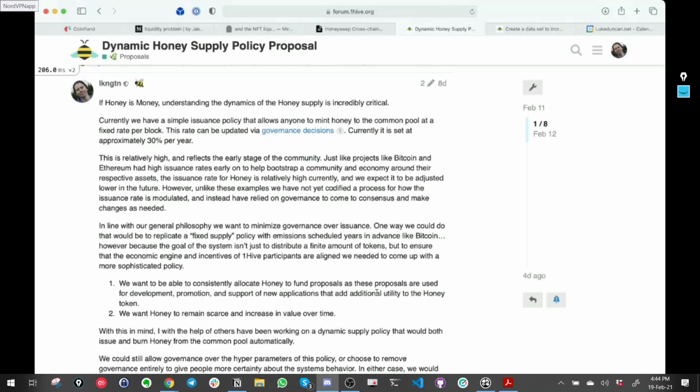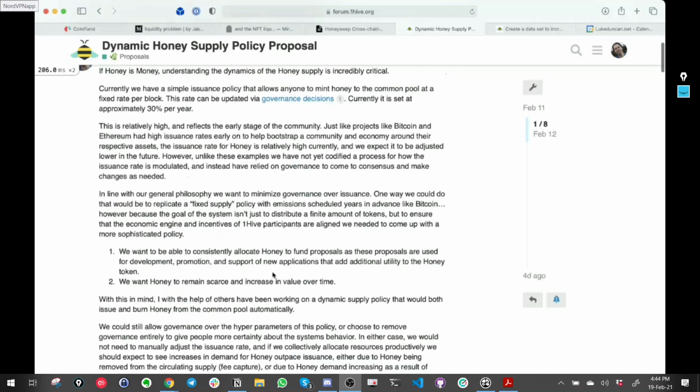What we wanted to do instead was create an automated policy that would dynamically adjust issuance, to minimize issuance when we didn't need it and automatically ramp up depending on how people interacted with the system. So we wanted two goals.